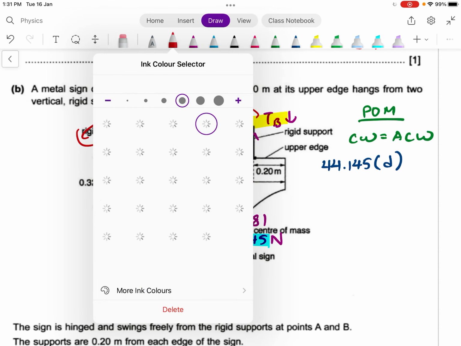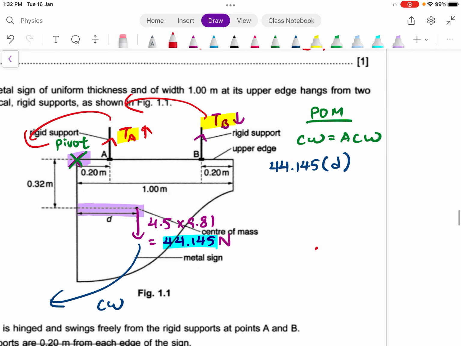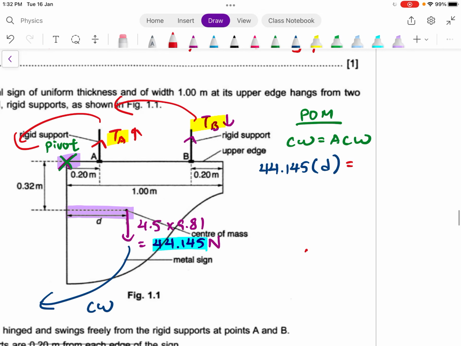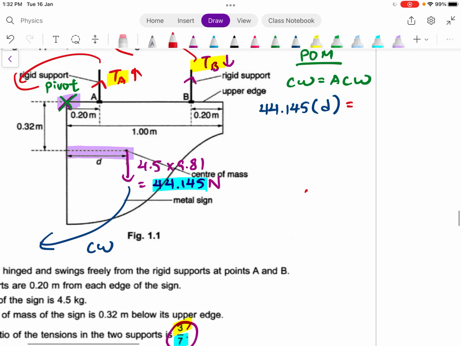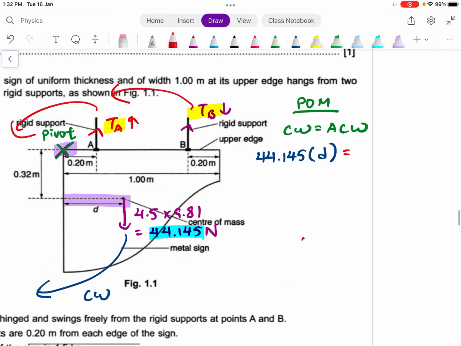Let's determine our TA first. Anti-clockwise, right here, is equal to TA. TA we know is roughly 30.9. Just use the rounded off answer. 30.9 multiplied by the distance from the force to the pivot, so it's 0.2, plus the second anti-clockwise moment, which is TB.